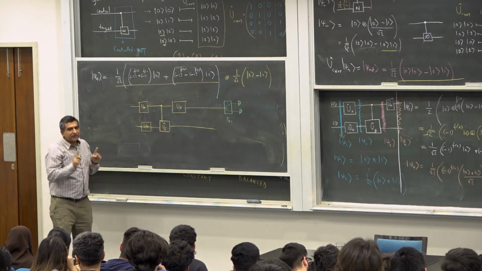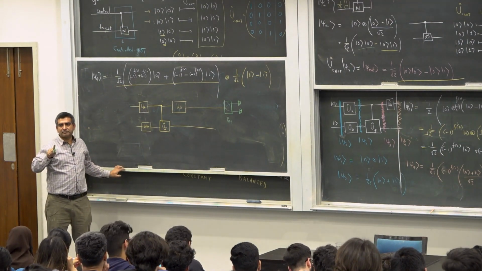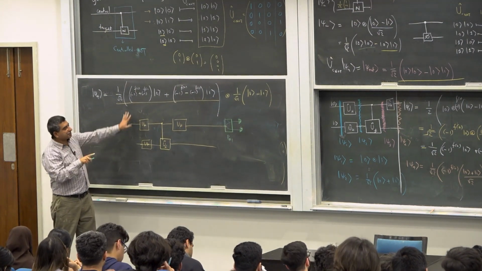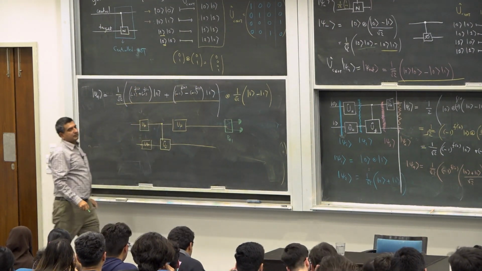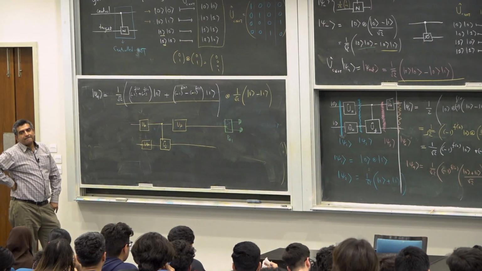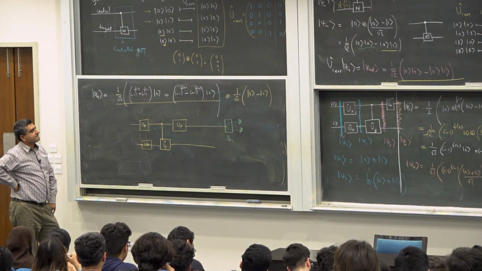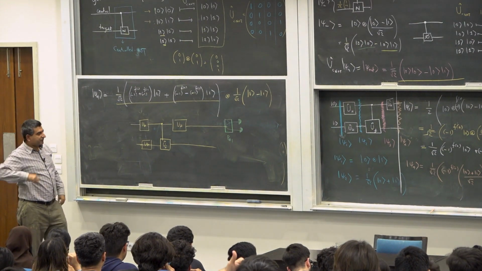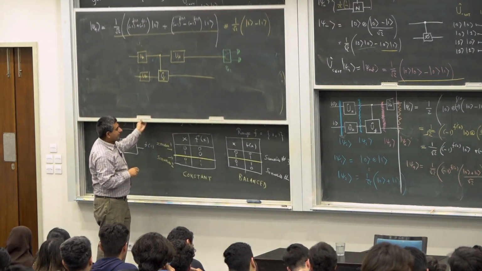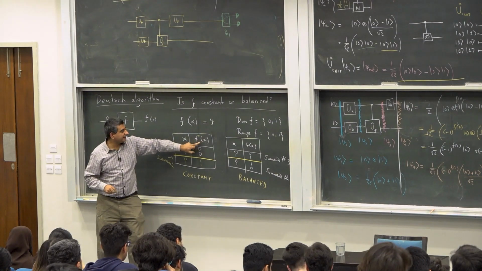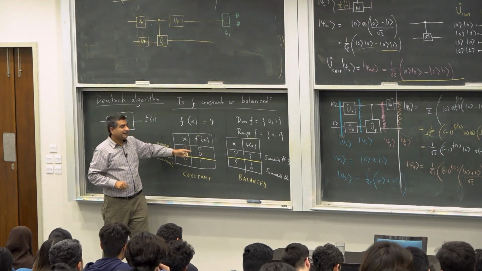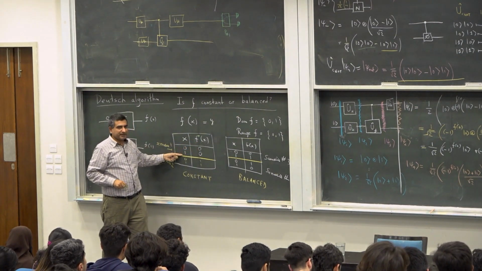Yes. If the function is constant, which of these terms is going to survive? If the function is constant, this f of x has equal values for both the inputs.